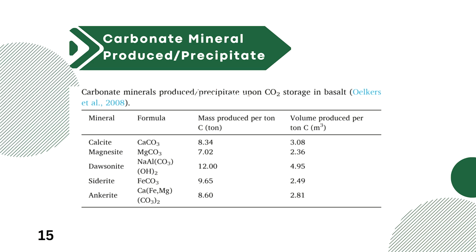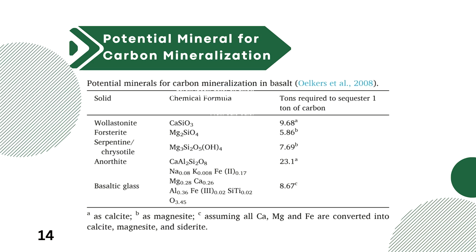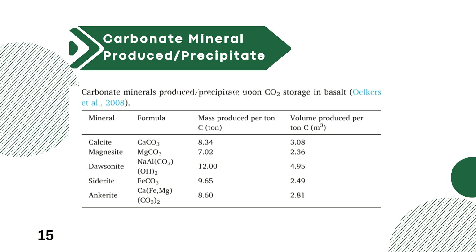These minerals give a few values of mass produced per ton of CO2 injected. If we look at the highest value in this table, it is dawsonite, which gives the highest volume produced per ton of carbon injected in basalt formation.